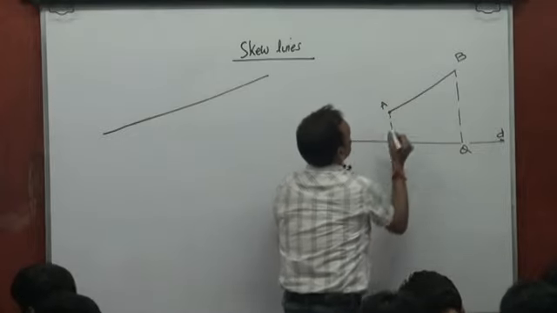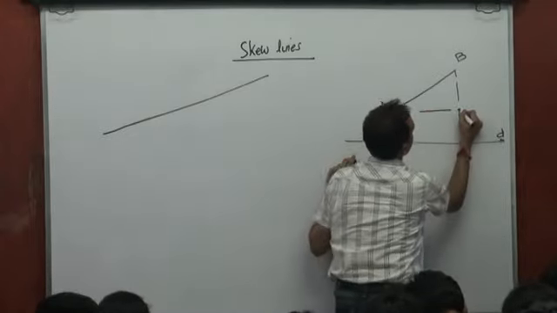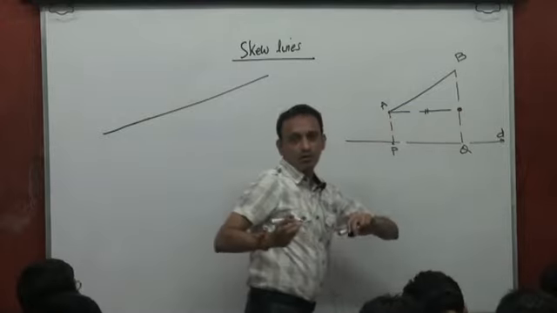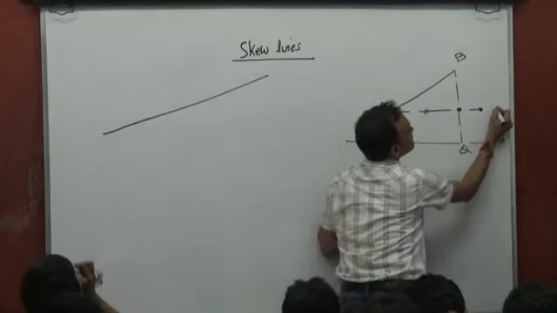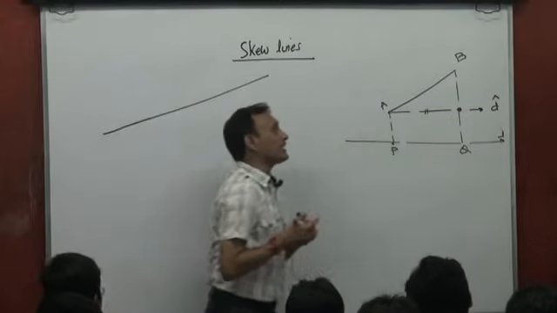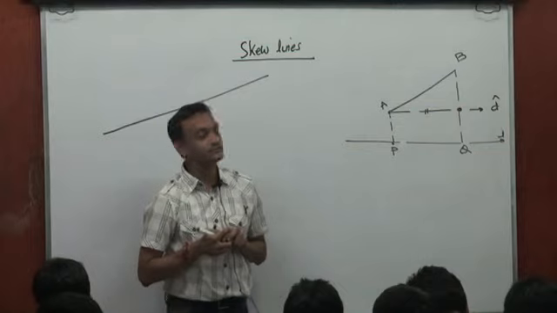Now, evidently, PQ is the same as this length. This length is also PQ. And let's say a unit vector parallel to D is D cap.